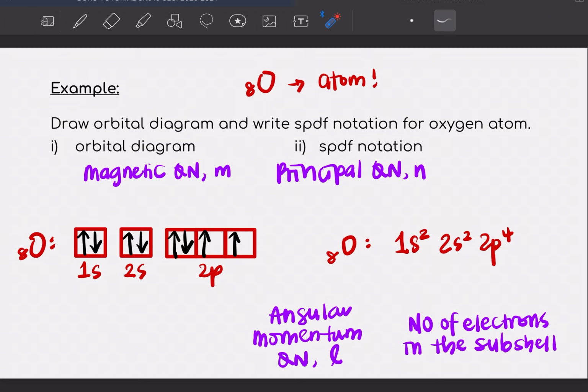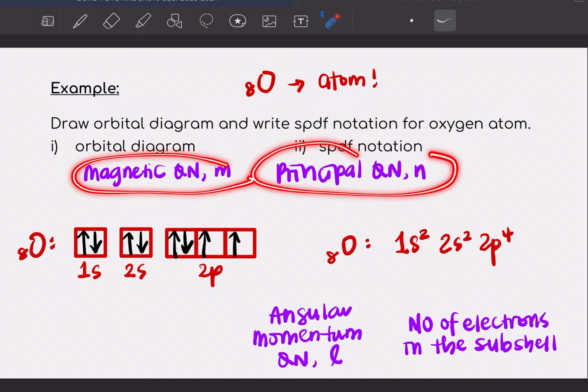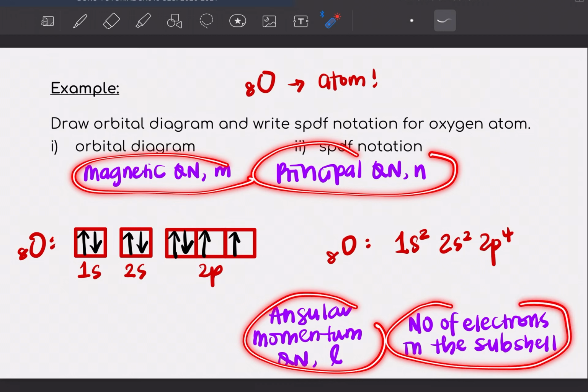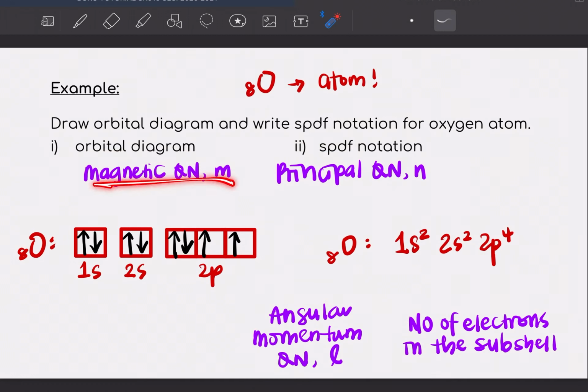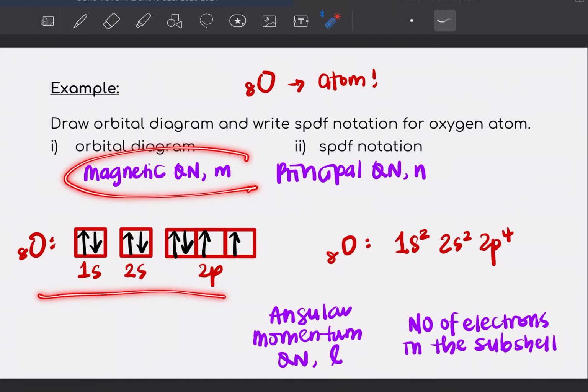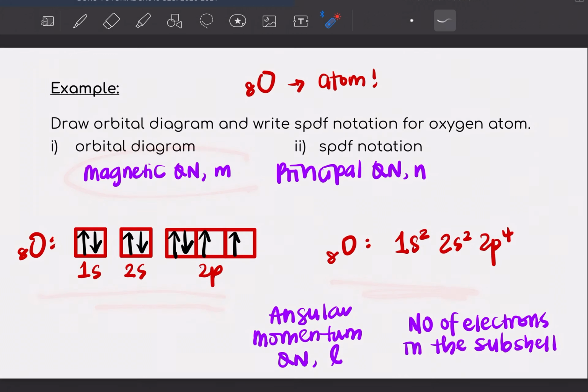Now, if you notice up here, this is something that we learned from 2.2, your quantum numbers. I want to show you how to relate your quantum numbers with your electronic configuration. The magnetic quantum number m is the orientation of your orbitals.